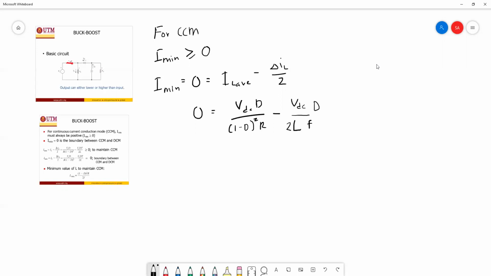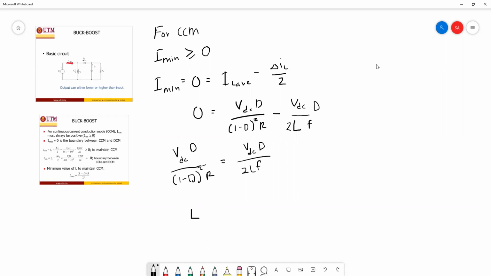So we rearrange this. Finally we will have VDC D over 1 minus D square R, equal to VDC D over 2LF.